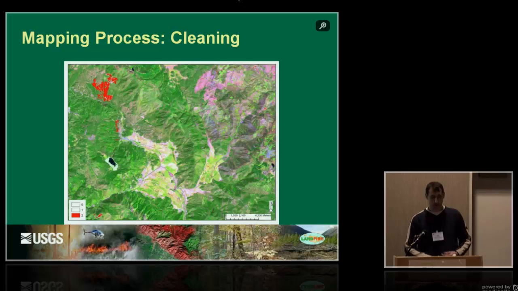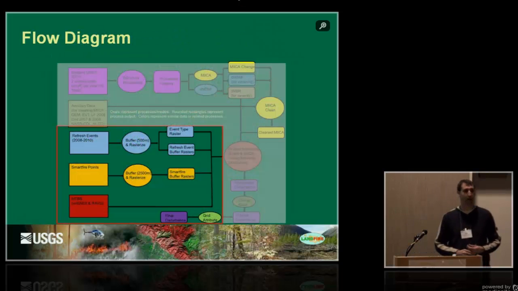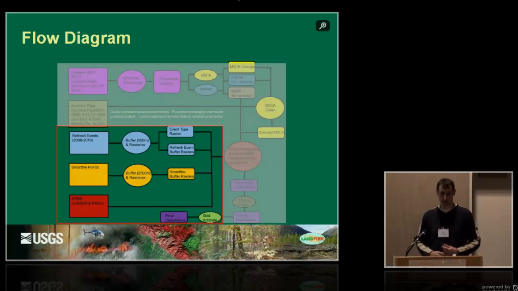So, that is the cleaning part, and now I'll talk a little bit about how the refresh events and these other data sets also contribute and help us build this disturbance product. So the refresh events that Brenda spoke about earlier make their way into the final product, but we also buffer them by 500 meters to give us another level of information based on proximity.